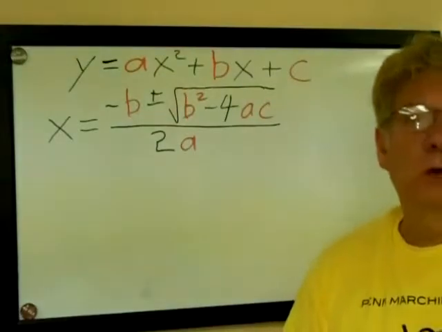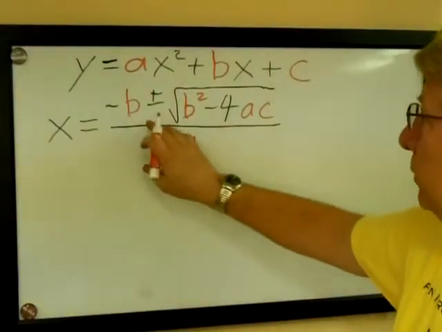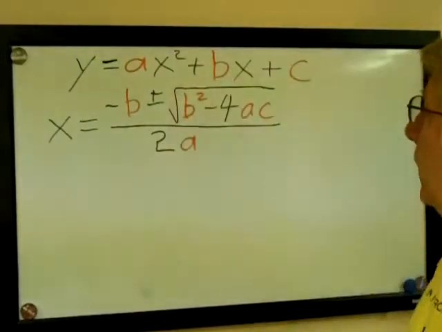So this is what the quadratic formula looks like. And you see in red we have the coefficients.